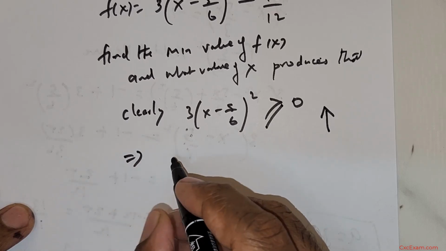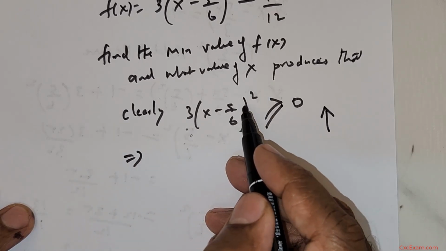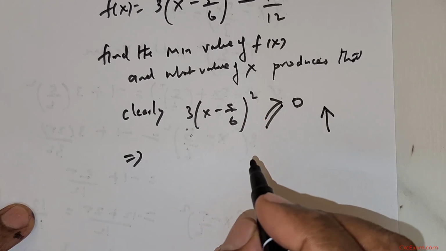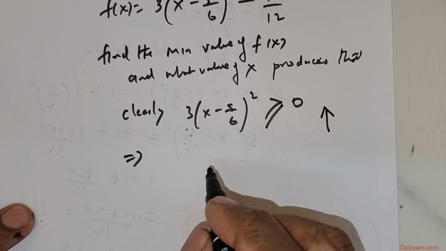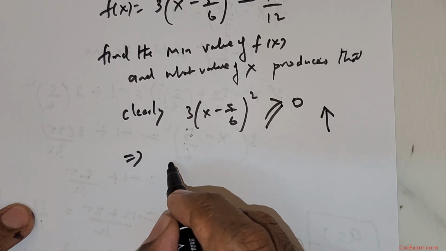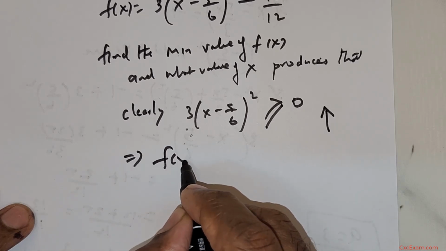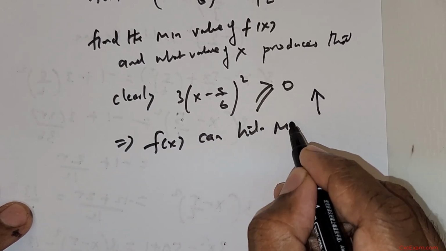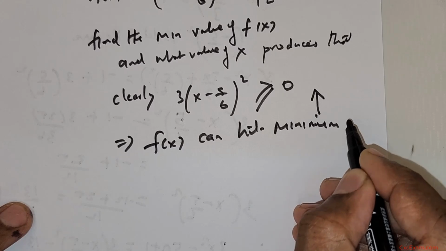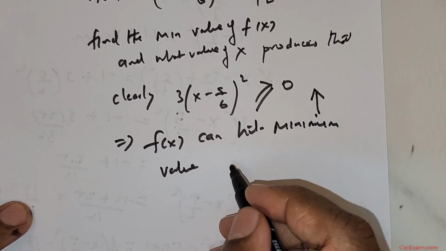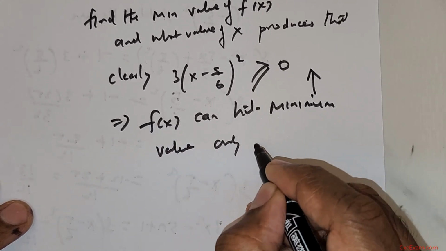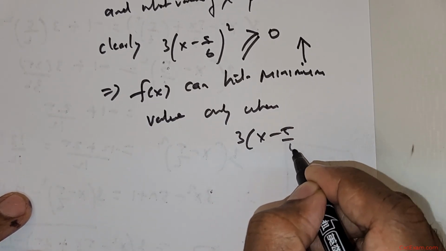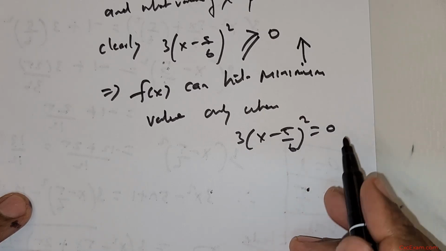Okay, so this means we have to ensure that this is nullified or this is removed. So this means f of x can hit its minimum value only when 3 times (x - 5/6) the whole squared is equal to 0.